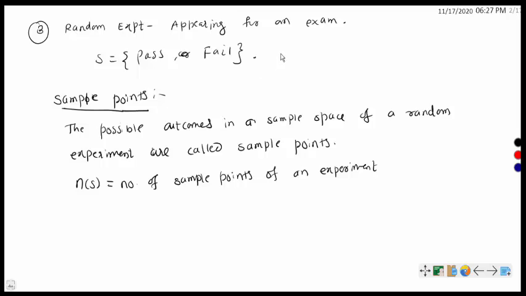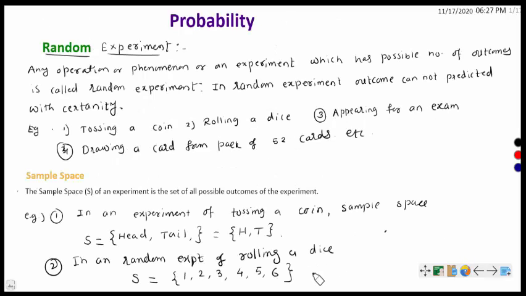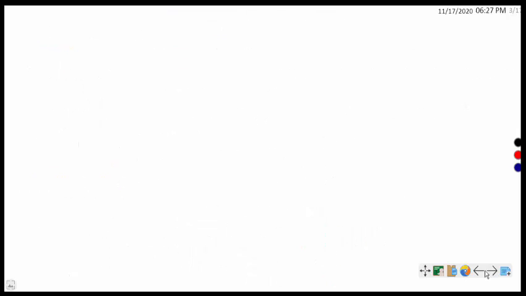For example, here n(S) is equal to 2. For the previous example, n(S) is equal to 6, and here n(S) is again 2. This is the number of sample points.